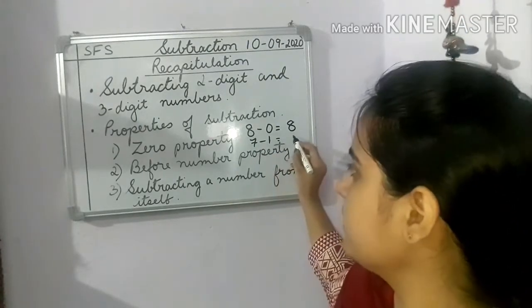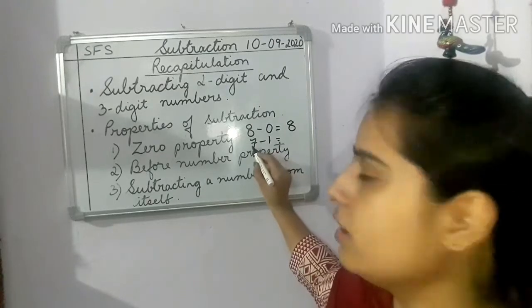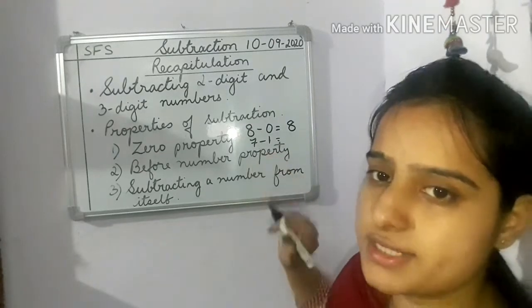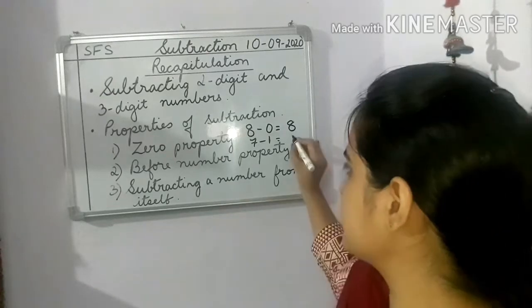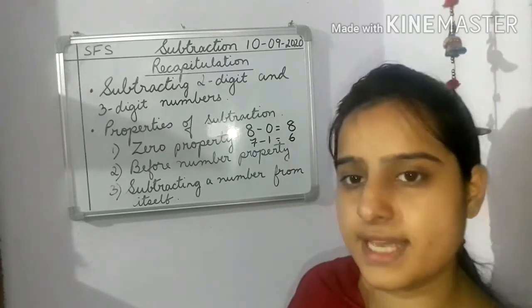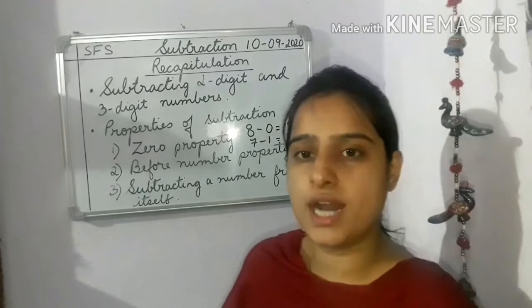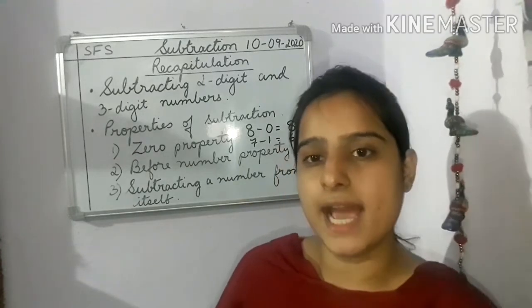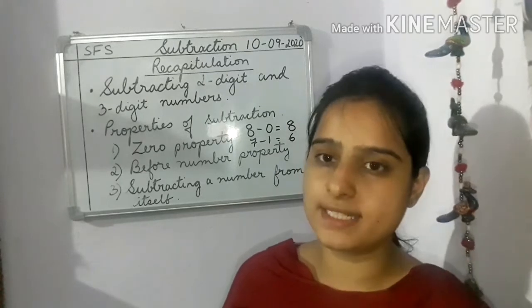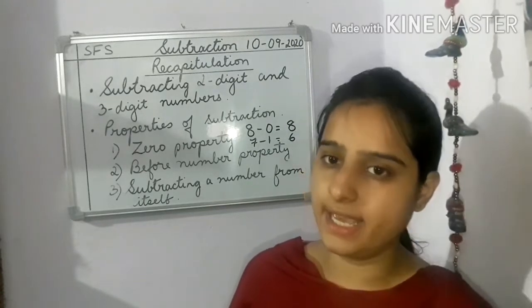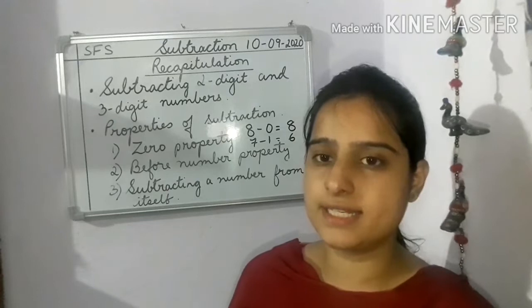So what will be the difference, children? The number just before 7. So what comes just before 7, children? 6. So the difference is 6. If you are asked that 99 minus 1 is what? The number just before 99. What comes? 98. So the answer is 98.